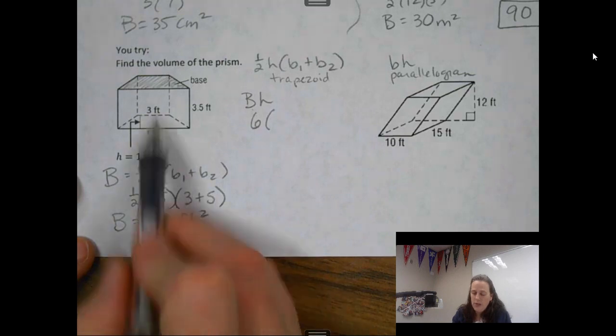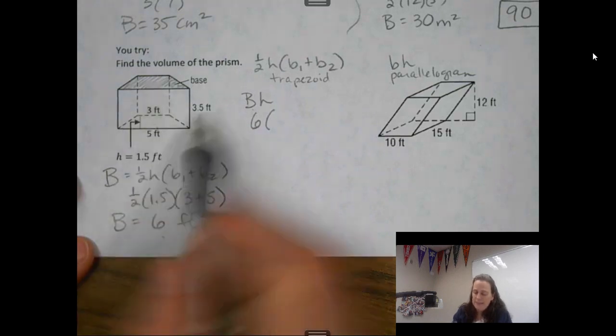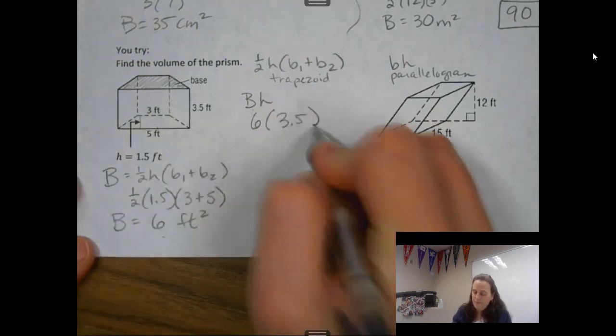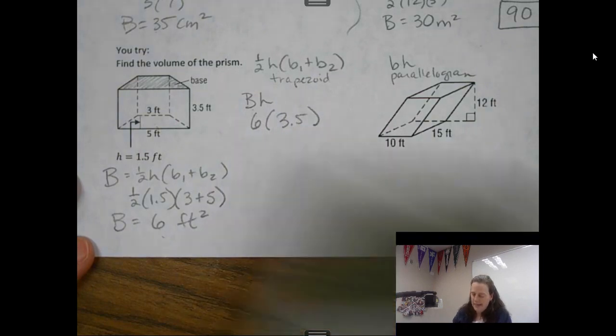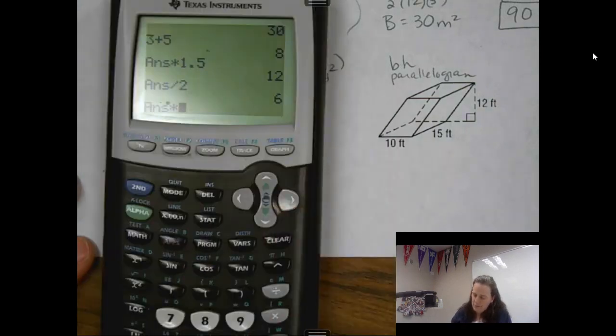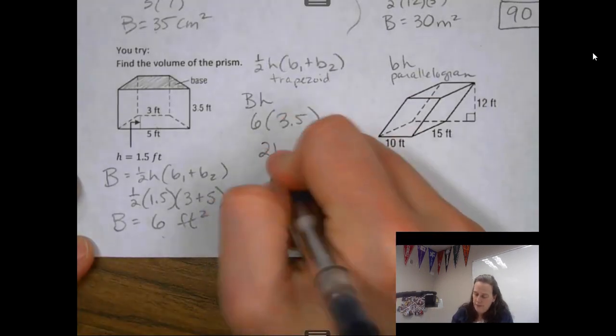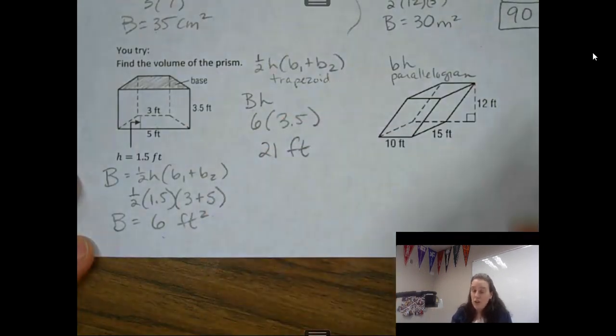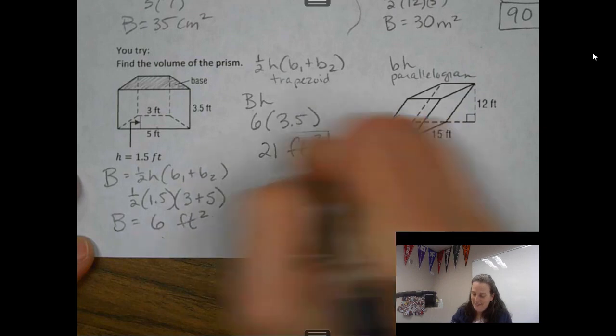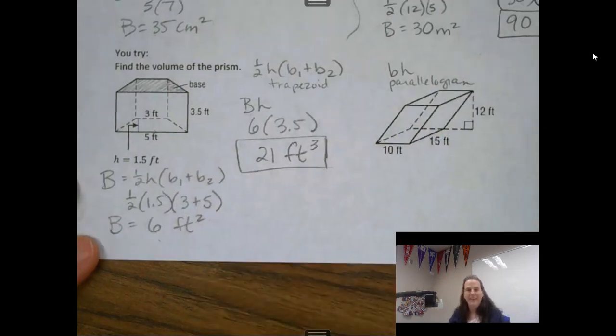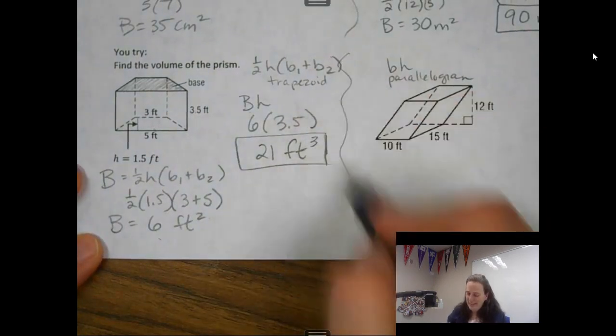So the distance between the two bases is 3.5. Let's multiply that. 6 times 3.5 is 21 feet cubed. Yeah, volume. All right, I hope you got that one.